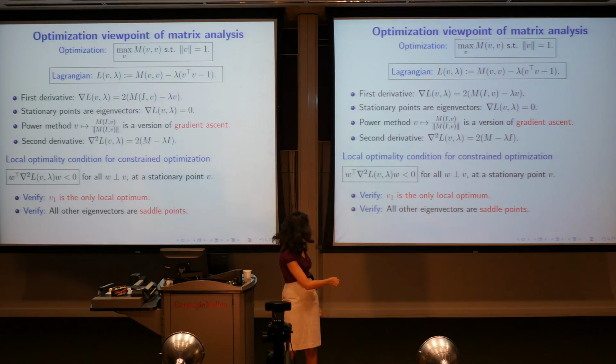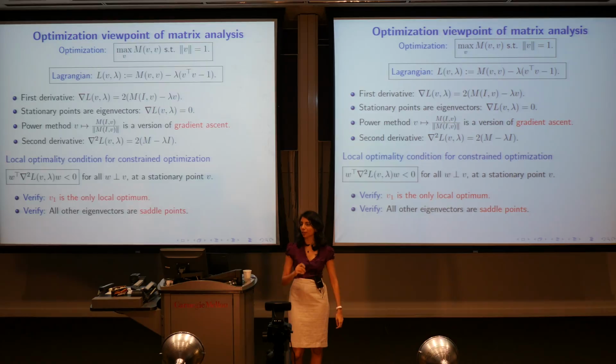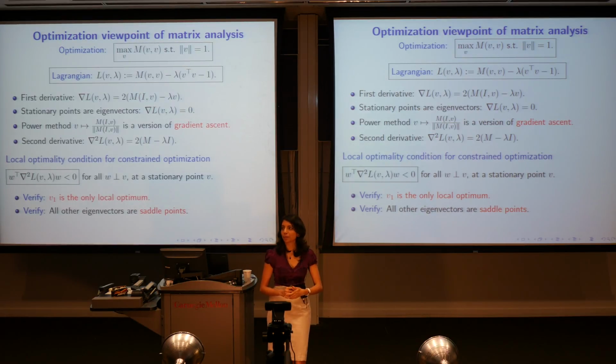In fact, the other eigenvectors, which are stationary points of this optimization, are only saddle points. Meaning that there is some direction where you would move away from that, right? So as long as you don't initialize directly on those eigenvectors, as long as there's some component away from that, you would move away from those points. This is the standard notion of saddle points in optimization.